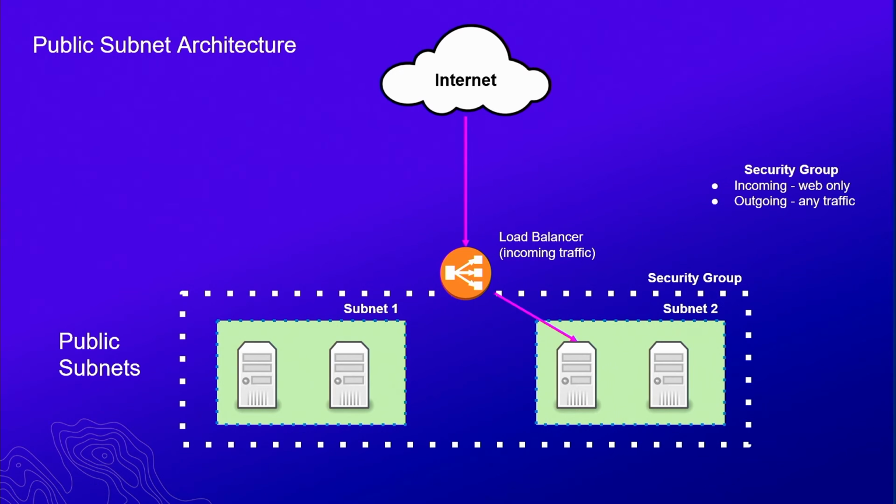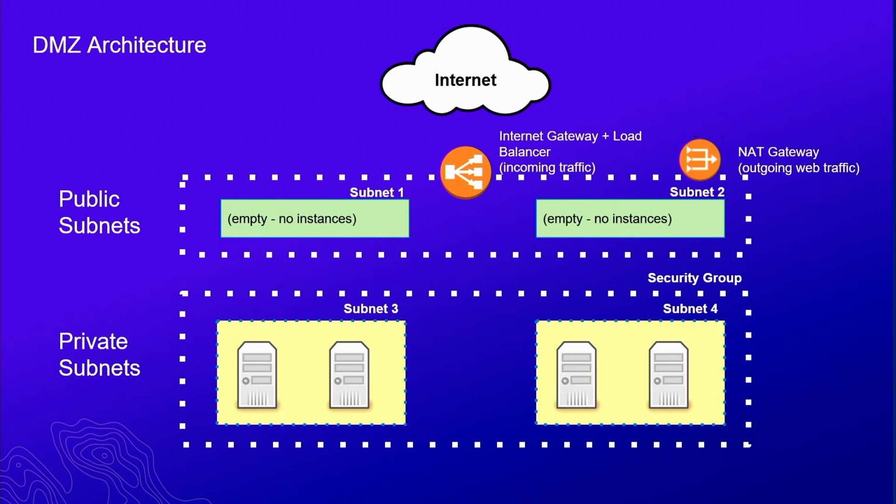Now let me contrast it with the DMZ architecture. Now you'll notice in the DMZ architecture, there are public subnets and there's private subnets. These public subnets, we don't deploy any machines, no EC2 instances into the public subnet. And we have set up a private subnet. Now what's a private subnet?